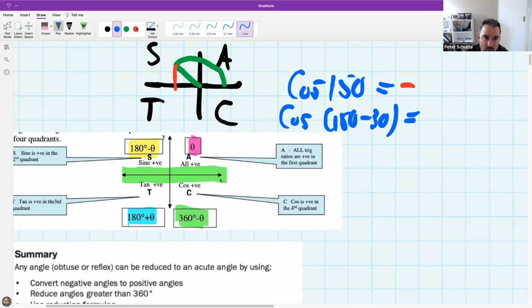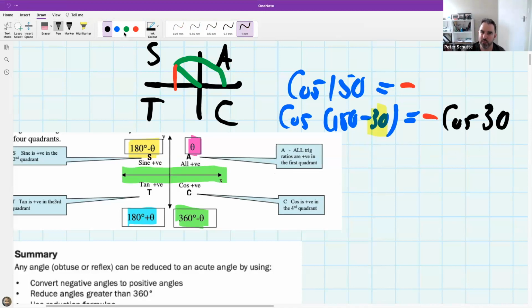And all I need to do to reduce this is I know it ends up negative, and then I say to myself, well, how far away is this from the nearest horizontal? And it's just going to be the value that's here. And so we can say that the cos of 150 is the same as minus cos 30. And that's called reducing a trig ratio using a reduction formula off the horizontal.